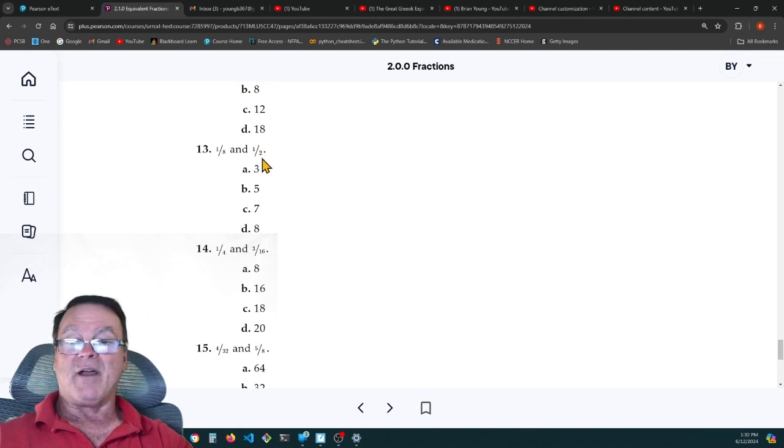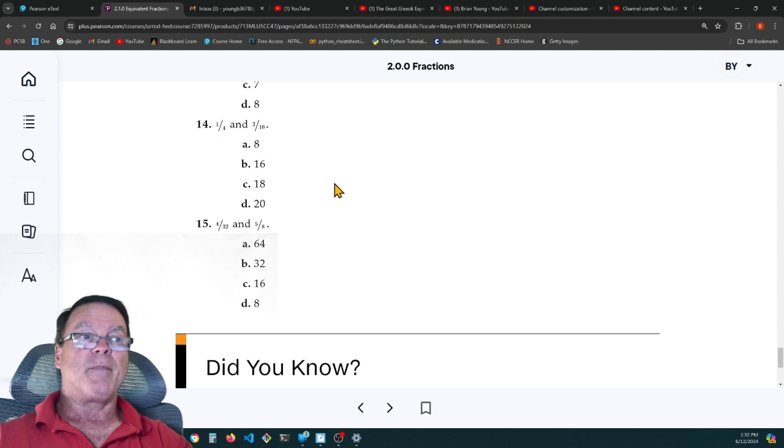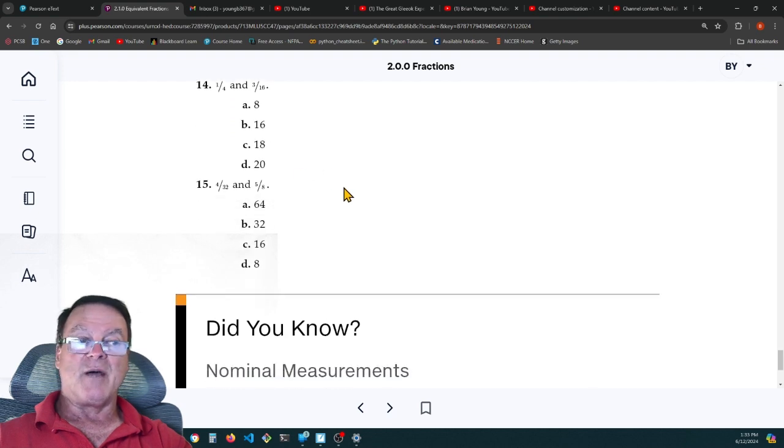We'll multiply 1/2 by 4/4, and we'll get 4/8 and 1/8. So 8 is our common denominator. 1/4 and 3/16. Again, we'll multiply the denominator of 1/4 by 4 to get 4/16 and 3/16. So B, 16, is the lowest common denominator.